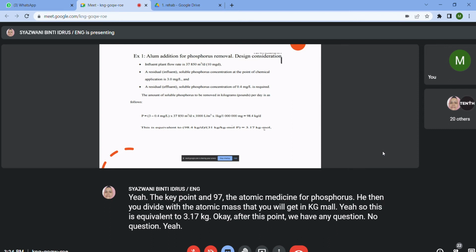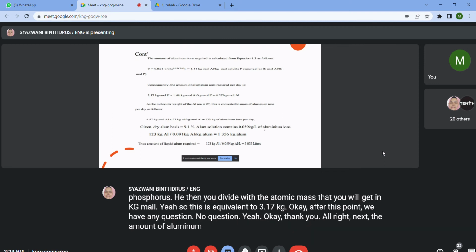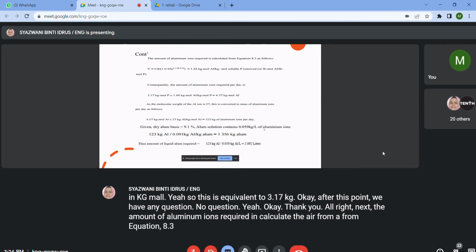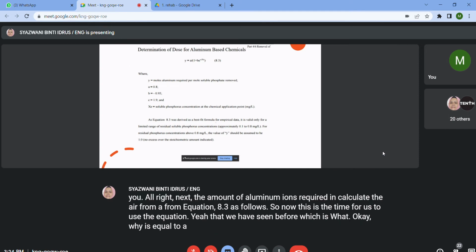Alright, next, the amount of aluminum ions required is calculated from equation 8.3 as follows. Now it is time to use the equation that we have seen before: Y is equal to A over 1 plus B times e to the power of minus C times Xe.